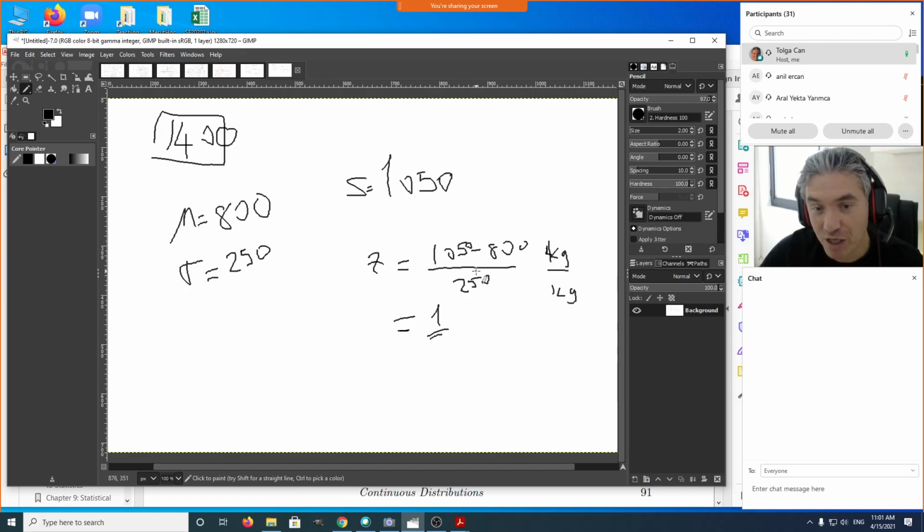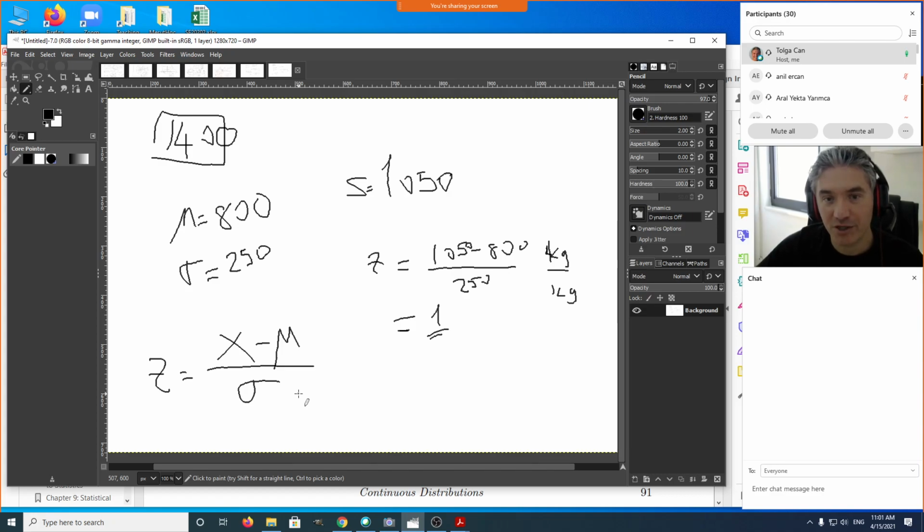When you standardize, x minus mu divided by standard deviation, the unit of this z is no longer kilograms. You get away from kilograms to some imaginary standard unit. That's why it's unitless: kilogram divided by kilogram has no unit.